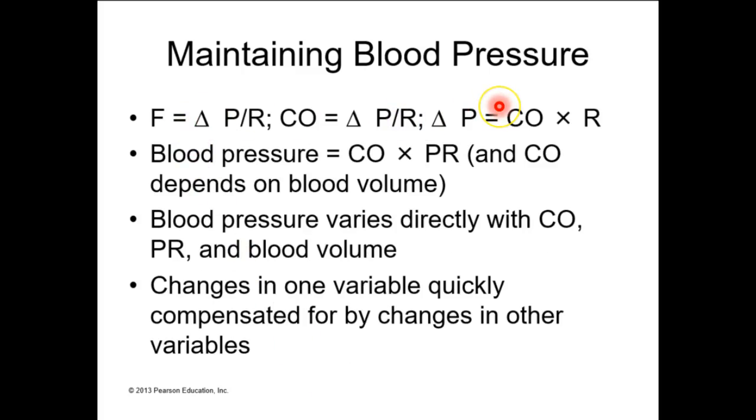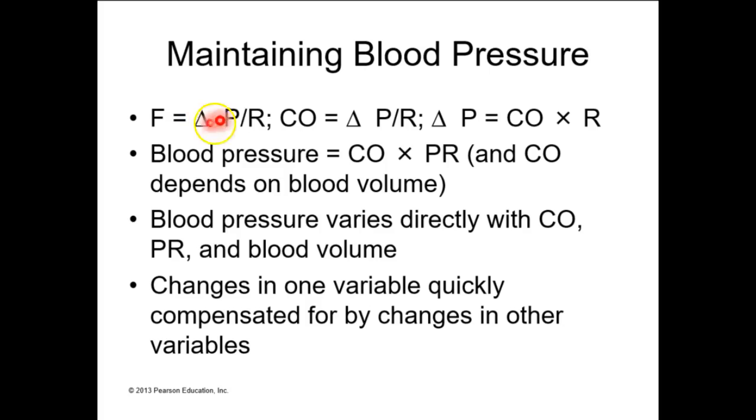I'm never going to make you do the math. You don't have to do math in here. Let me see if I can even remember what these mean. Change in pressure over resistance, I think, is what that means. It just is telling you that the less resistance there is, the less force there is. Is that right? No, more force. Sorry, inverse. More force, less resistance.